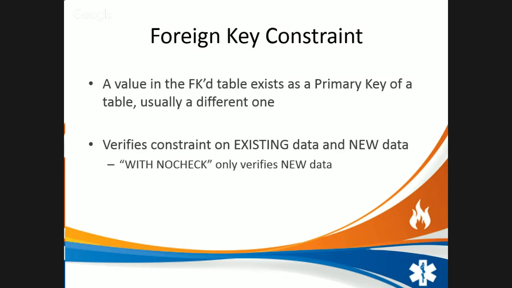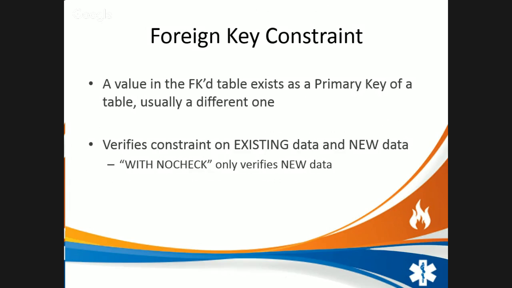When you define it, by default, it will scan through all the rows in your foreign key table and look for matching values in your primary key table. And if all of them match up, then you're good to go. But if some of them don't match up, then you can't create the foreign key constraint.